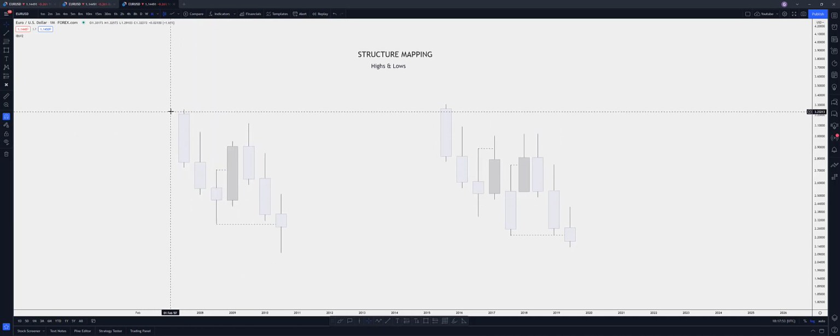In this case, you can see it comes down, closes above the highest point of that candle, which is the top of the wick, thus cementing this as a swing low for me. Then it carries on, creates the highest point here, then carries on down. Okay, so this here is a valid low, this here is a valid high, and it's carried on to create some new lows, whatever goes on after that. Okay, that's all I'm after.